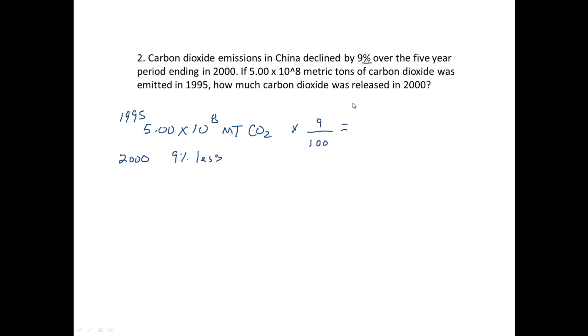Let's take 5 exponential 8, and then multiply that by 9 divided by 100, and we get 4.5 times 10 to the 7th.